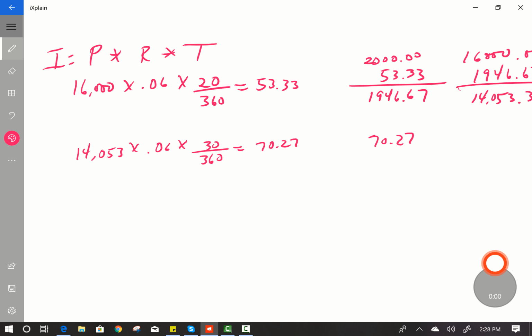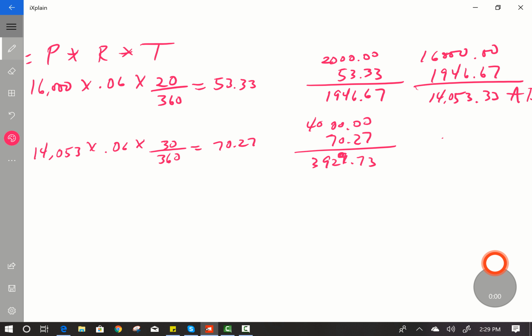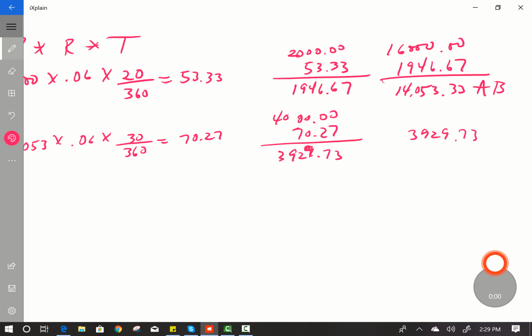I'm going to subtract the $70.27 from the partial payment of $4,000, and I'm going to credit this for $3,929.73. Then subtract that $3,929.73 from the beginning balance of $14,053.